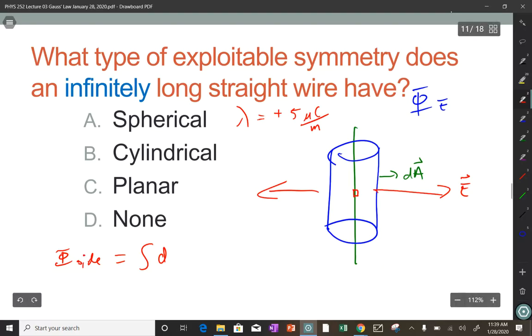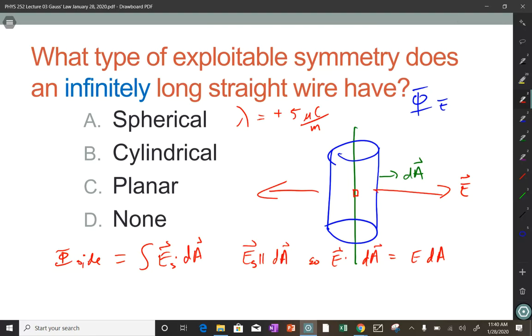So I'm going to have the electric field vector dot dA, but on the side, E is parallel to dA. I'll put S for side here. So E dot dA is just equal to E times dA.